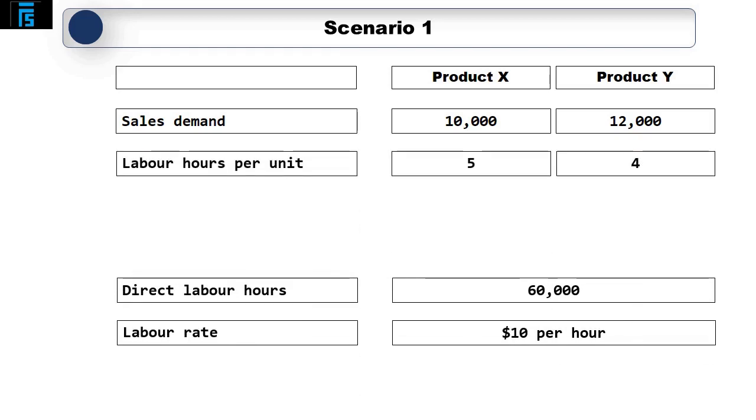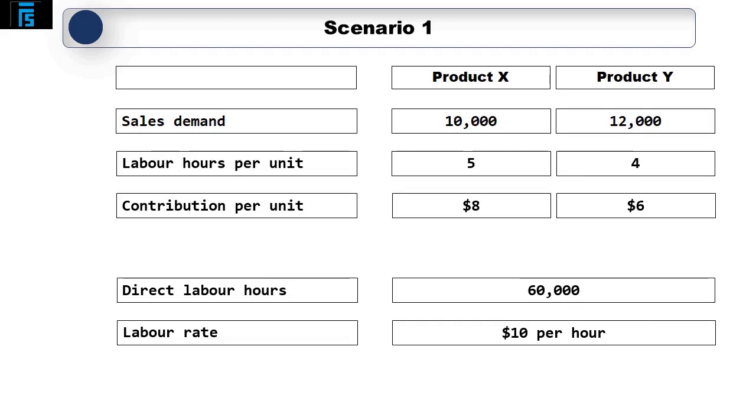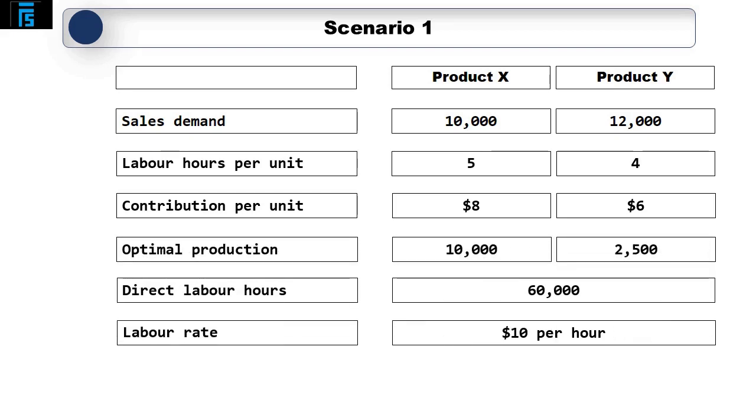It takes 5 hours to produce 1 unit of X and it takes 4 hours to produce 1 unit of Y. The contribution per unit of X is $8 and the contribution per unit of Y is $6. Based on the above information, the optimal production plan has been calculated to be 10,000 units of X and 2,500 units of Y.